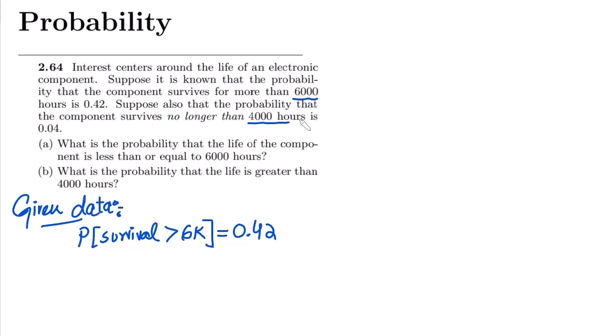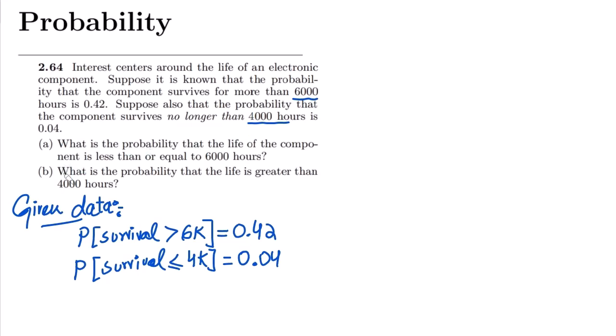Similarly, the probability that the component survives no longer than 4,000 hours is 0.04. So the probability of survival less than or equal to 4,000 hours is 0.04. These are the two conditions given in this question.